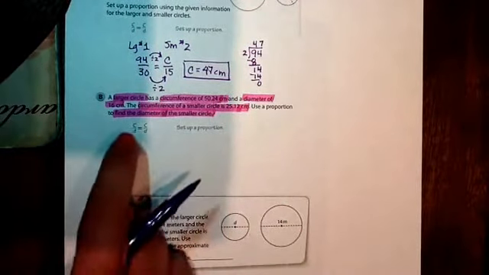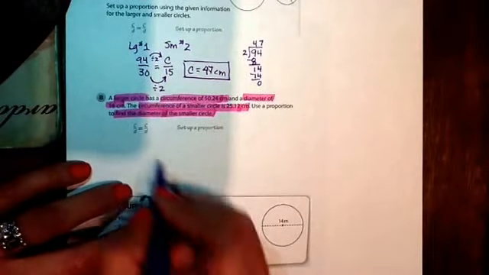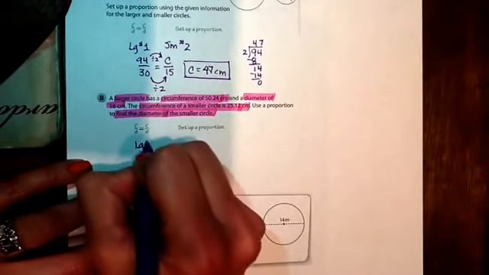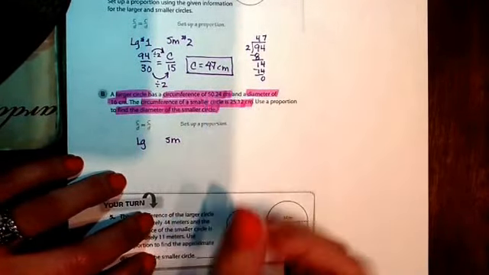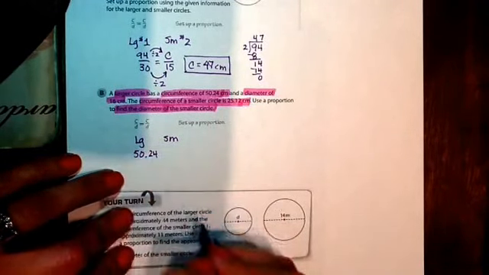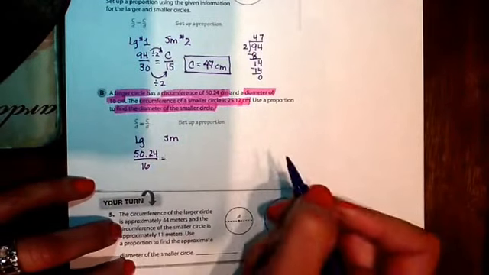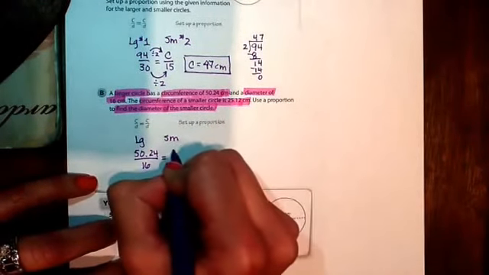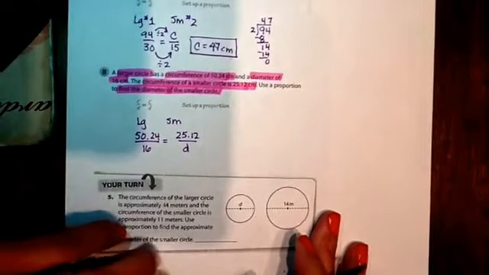So again, notice it's set up vertically. So I'm going to want to put large, small. In the large circle, our circumference was 50.24, and they told us the diameter was 16. And in the smaller circle, its circumference is 25.12, and we don't know the diameter. So my D stays there. That's what I'm looking for.